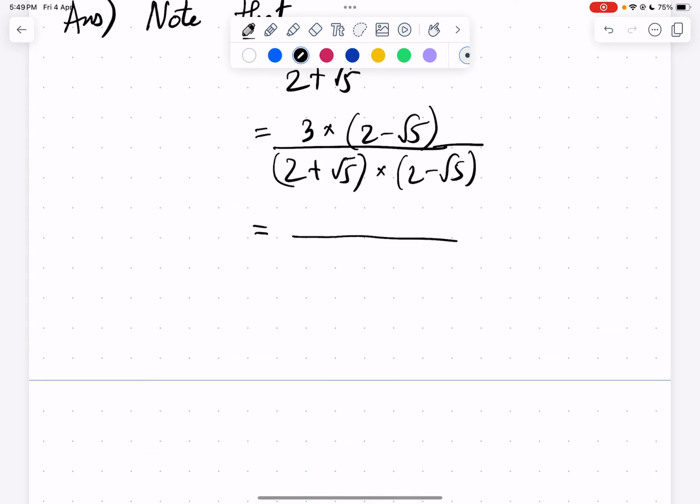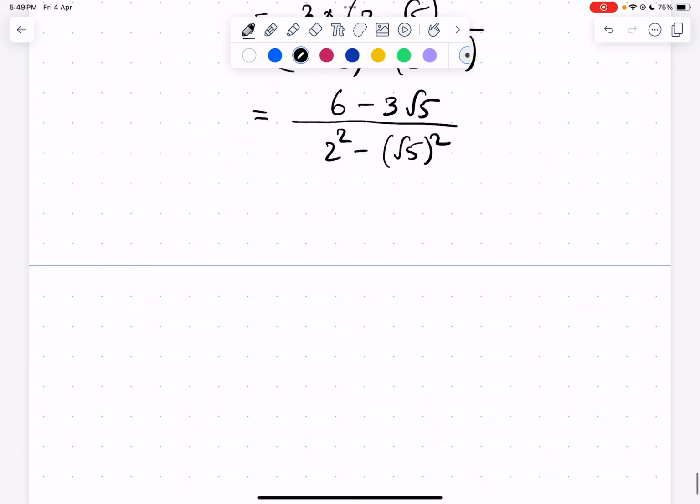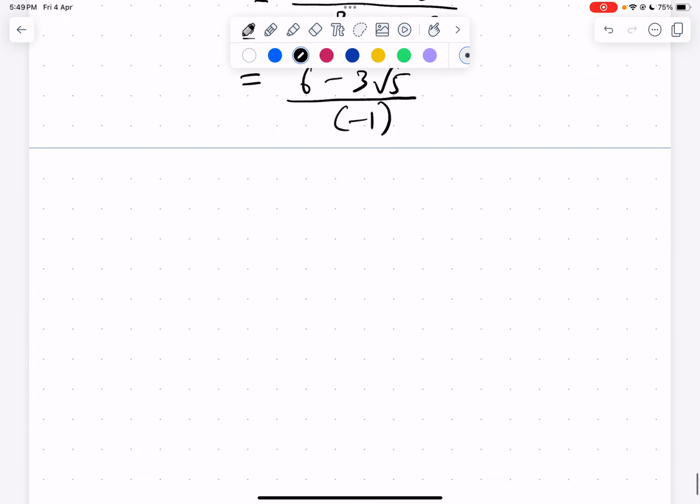So this is 2 square minus root 5 square, and the numerator is 6 minus 3 root 5. So the denominator is 4 minus 5, which is minus 1. Then we can multiply numerator and denominator by minus 1 and get minus 6 plus 3 root 5 as the answer.